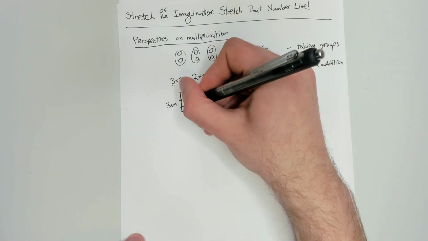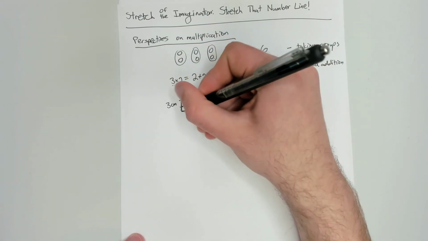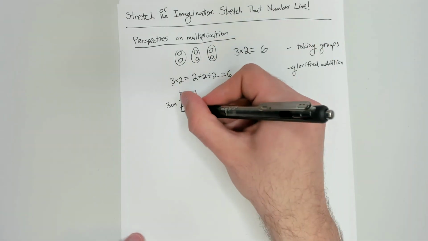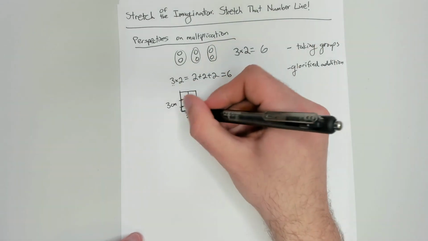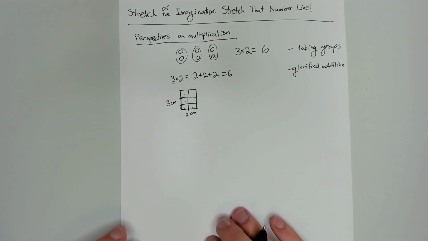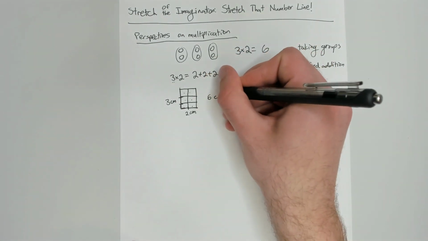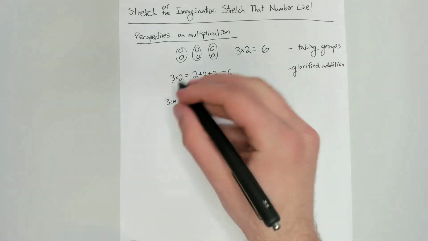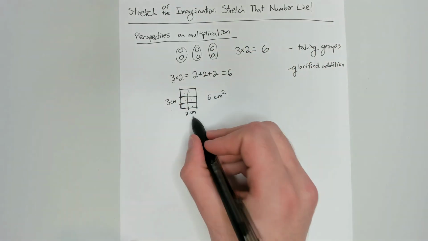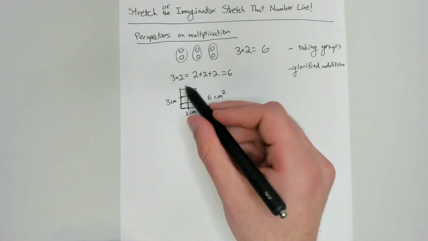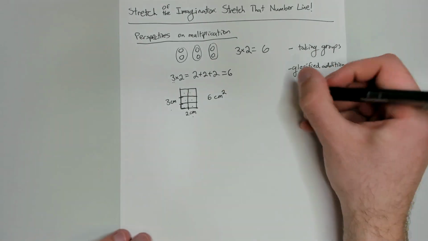But what that actually is, is we're extending these lines and getting all of these squares, and one square is 1 unit of area. So in total we get 6 centimeters squared being the area of this, because we've done 3 times 2, right? So that's another perspective on multiplication: its area.